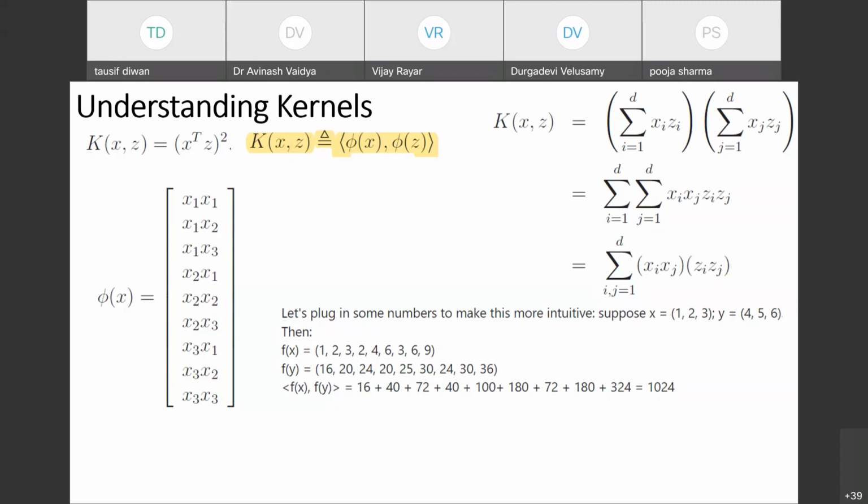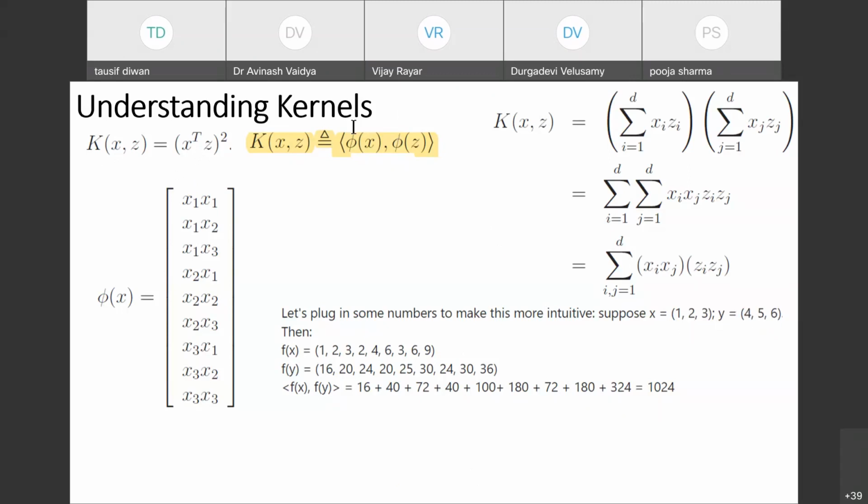What our kernel trick says is that we know that k of x, z is equal to x transpose z, whole square. Now what we can do? We simply perform this multiplication. This vector is multiplied by this vector, means 1 is multiplied by 4, 2 is multiplied by 5, 3 is multiplied by 6.